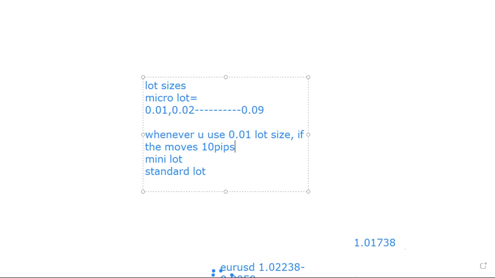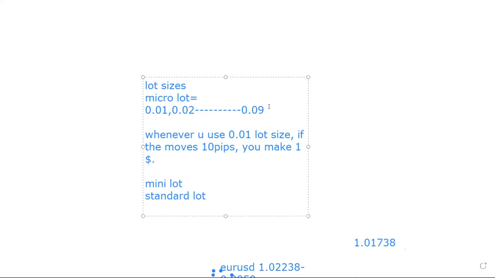So that's why I said if the market moves 10 pips, write this down. Please don't make a mistake. If the market moves 10 pips, you make $1. Full stop. And once you've written, let me know. Done.